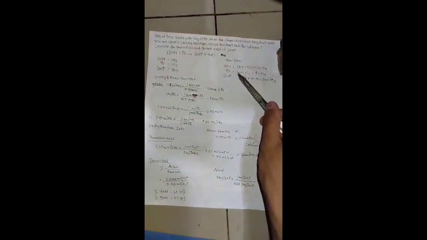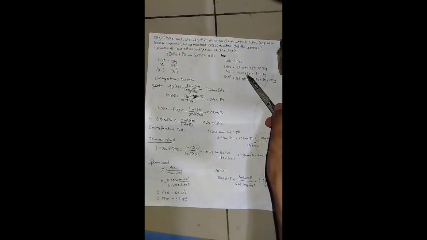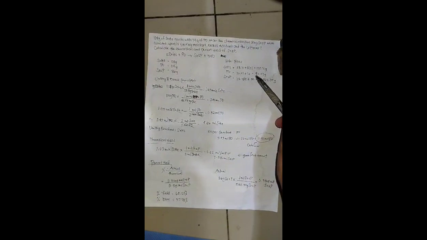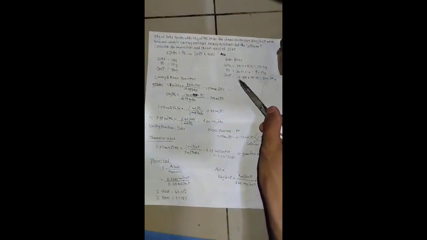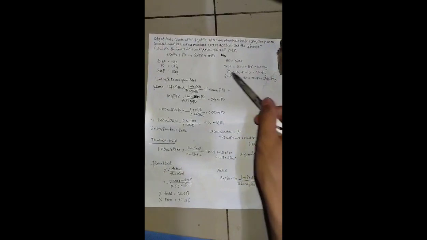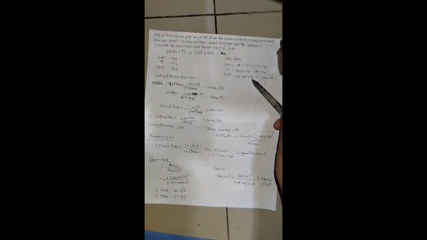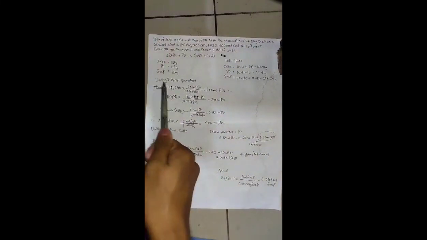P has 30.97. O has 16 molar mass. Overall it has 46.97 grams. Sn2P: Sn has 118.7, there's a 2, it means times 2. P has 30.97. The total is 268.39 grams.